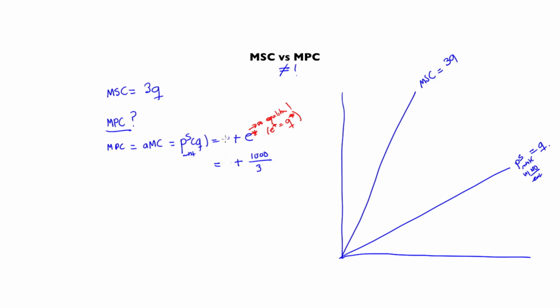It should be a Q. And finally, we have the marginal private cost, which is the cost that the firms are using to base the supply function on.